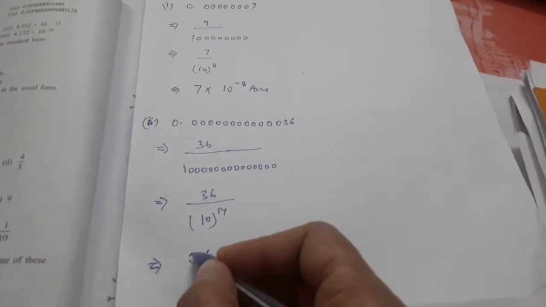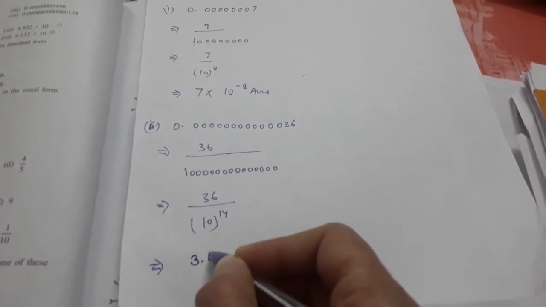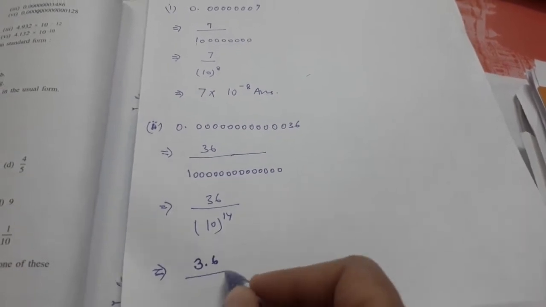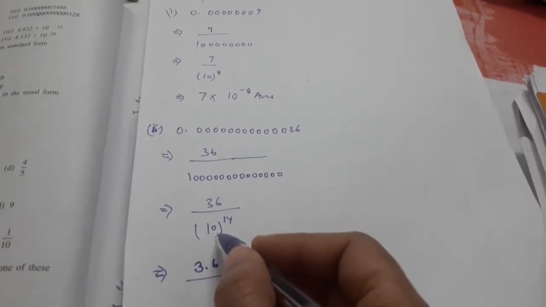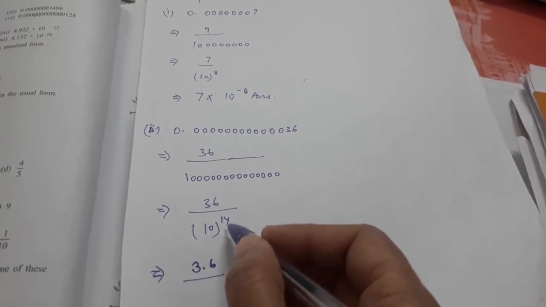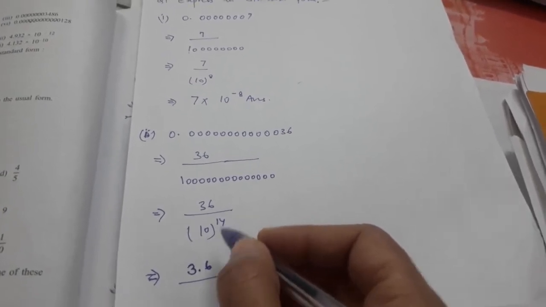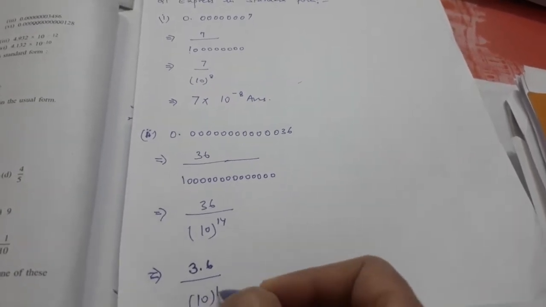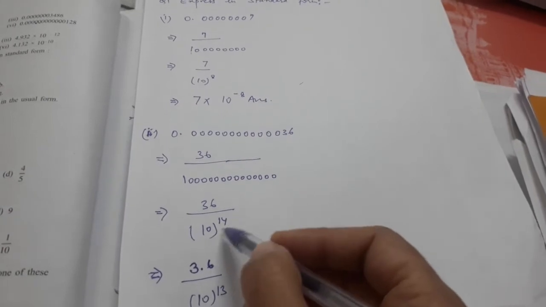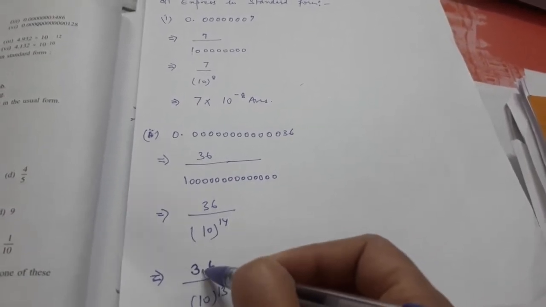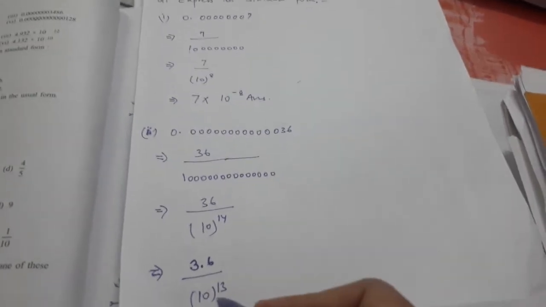As soon as we put the decimal sign just after the first digit, the power in the denominator will get less by 1. So 10 raised to the power 14 will become 10 raised to the power 13. Why? Because one digit has been moved across the decimal in this number. So 10 raised to the power 13 is our next term.